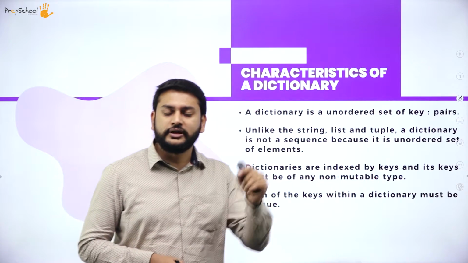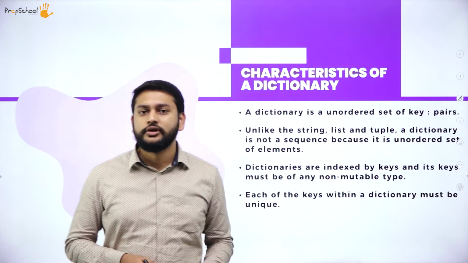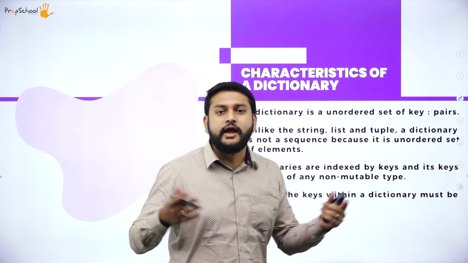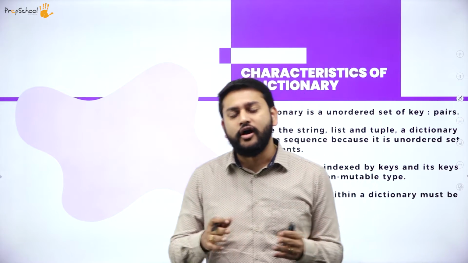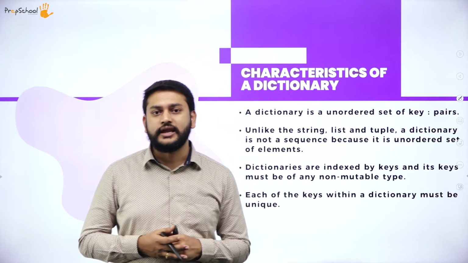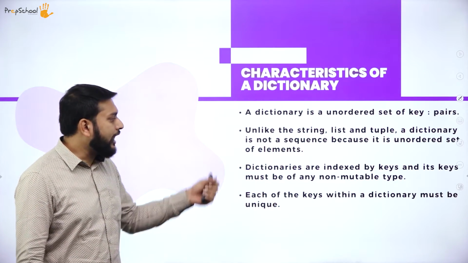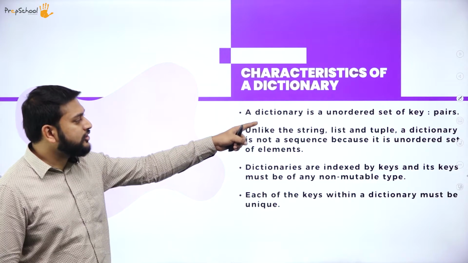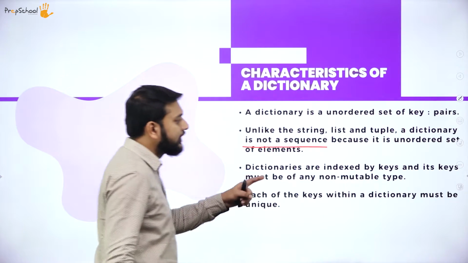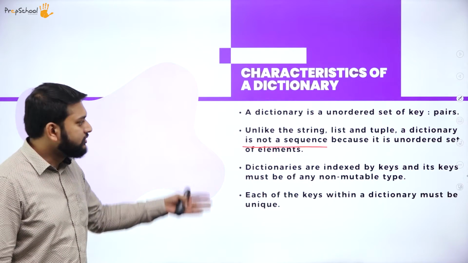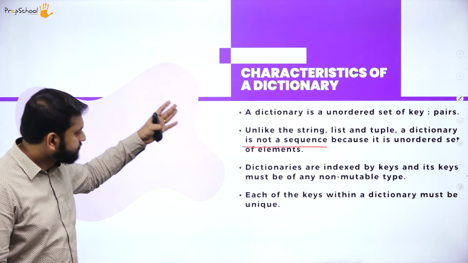You will have the pair of key and values in an unordered set. You don't have to expect the pairs of key and value in an ordered set. The second point is that unlike strings, lists and tuples, a dictionary is not a sequence because it is an unordered set of elements. This we have already discussed.